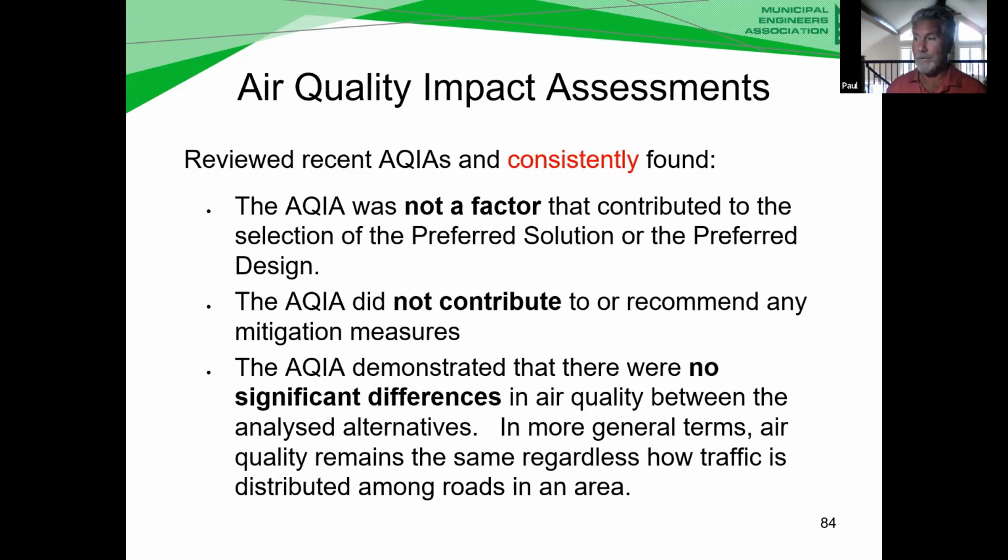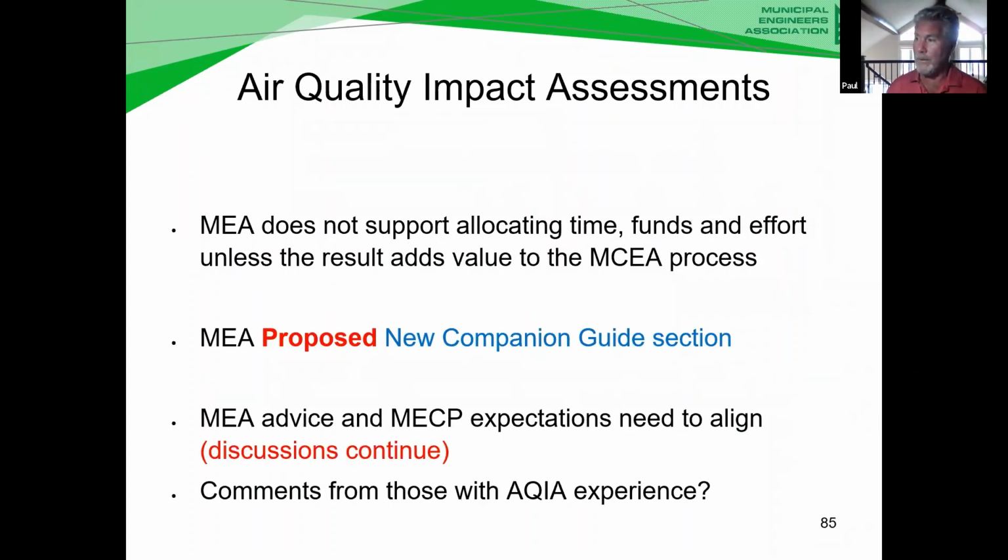There's no examples that they contribute to or recommend mitigating measures. And they consistently demonstrate that there's no significant differences between any of the alternatives that are being considered. So, of course, we cannot support allocating time, funds, and effort unless the result adds value to the MCEA process.